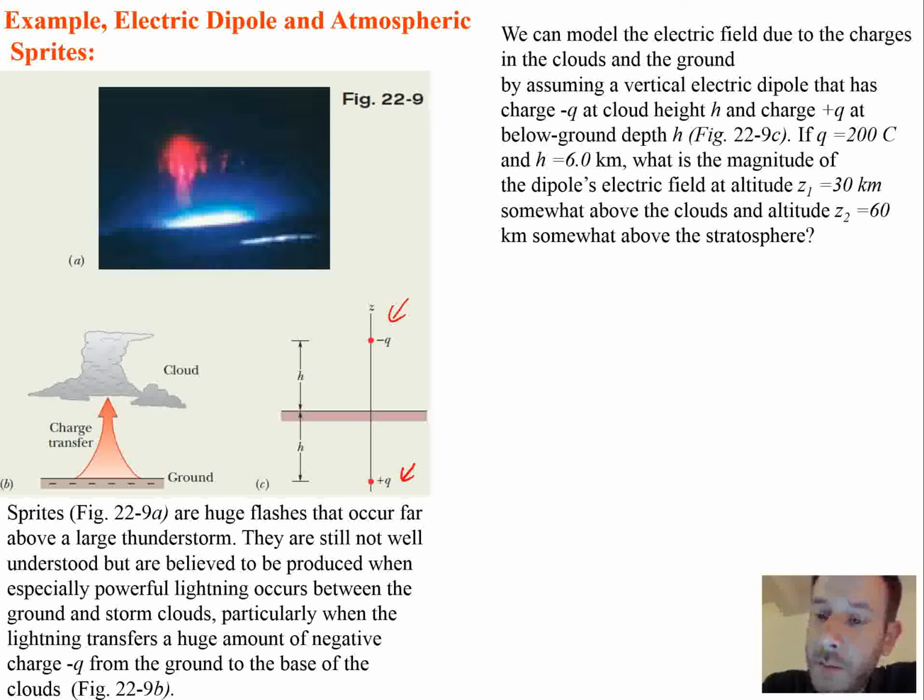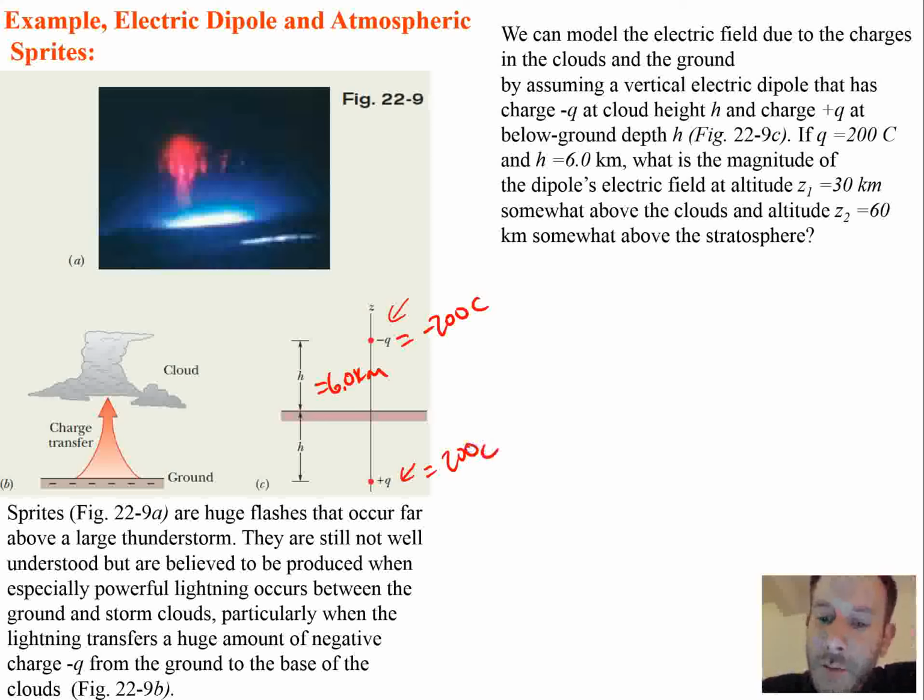All right, so let's assume that q is equal to 200 coulombs, whether it's positive or negative, and the height is going to be 6 kilometers. So this is going to be 6 kilometers, and this will be negative 200 coulombs, and we have some positive 200 coulombs down here.